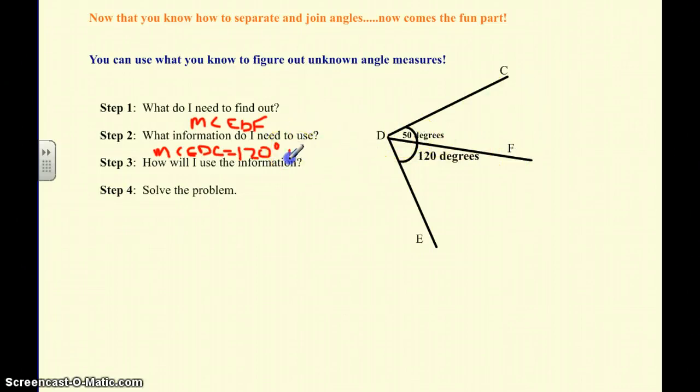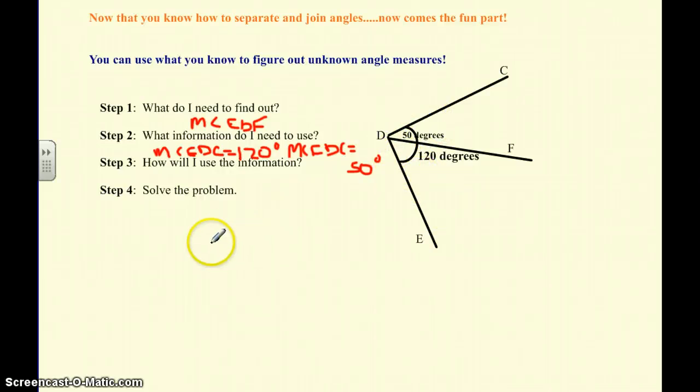So I know the measure of angle FDC is equal to 50 degrees. So those are the two pieces I have. How will I use this information? Well, I'm going to use this information to figure out what this piece is here. So how could I do that?